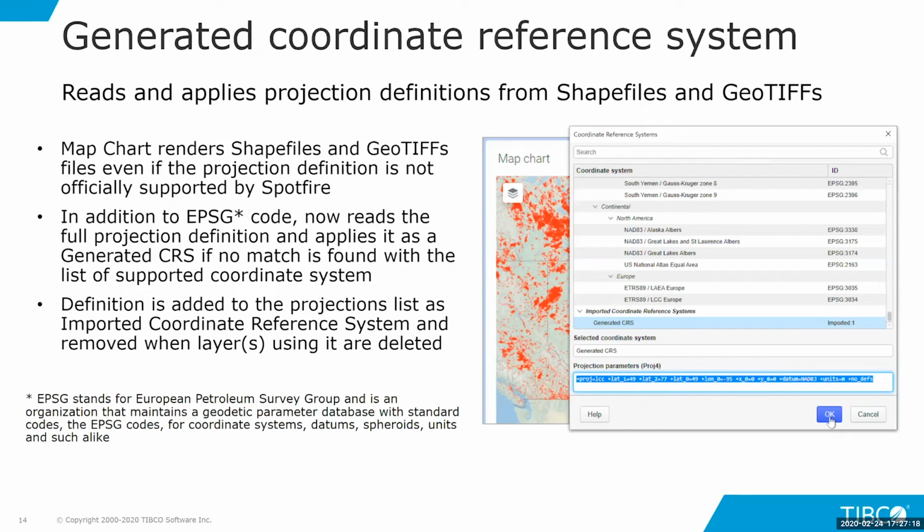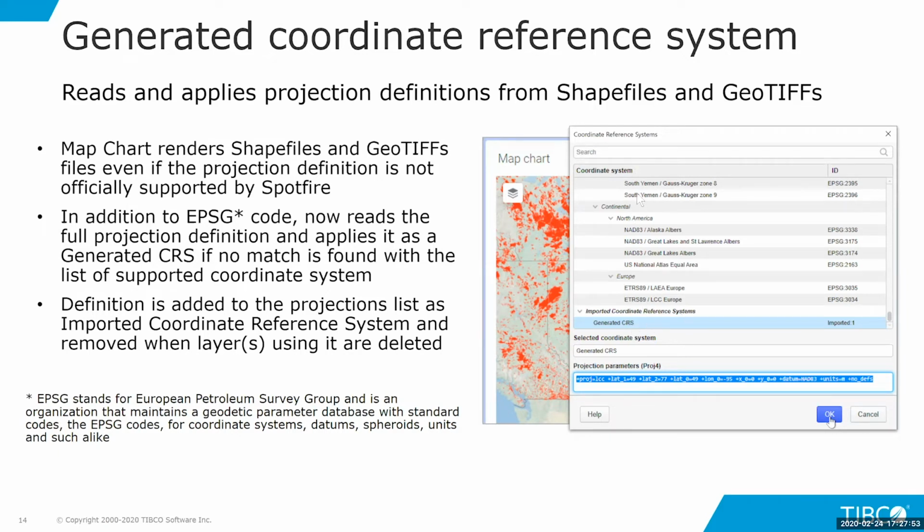And sometimes shapefiles and GeoTIFFs miss that information, and then it was not possible to display them in Spotfire before. But what Spotfire does now is that it reads the definition, the projection definition in the shapefile or the GeoTIFF files, and then generates a coordinate reference system that works for this shapefile.